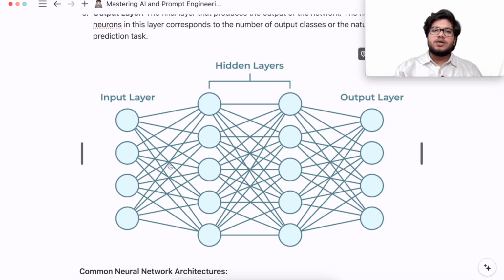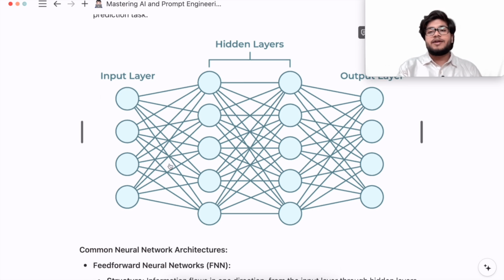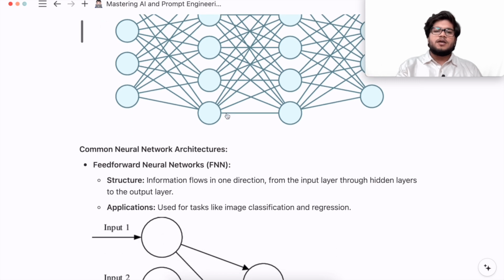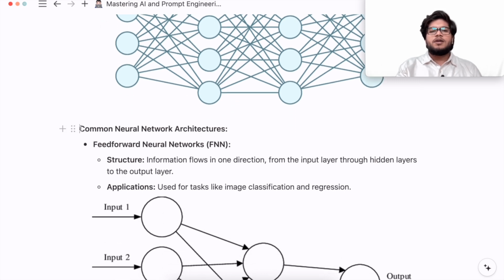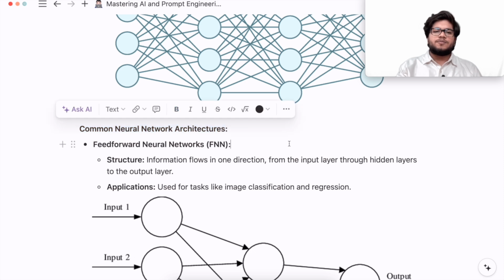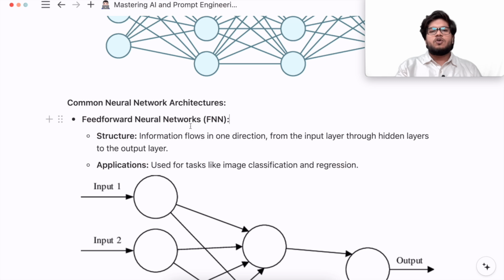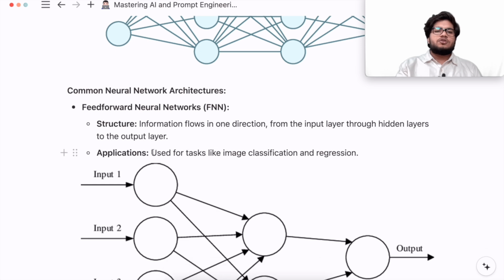So this was the neural network, how it works. Now we need to understand what the different neural network architectures are, on what models a neural network is made. So let us now learn some common neural network architectures. Now the most common of these is the feed-forward neural network, also known as FNN. The structure of this is that the information flows in one direction from the input layer through hidden layers to the output layer. So the structure is designed such that it moves in one direction.